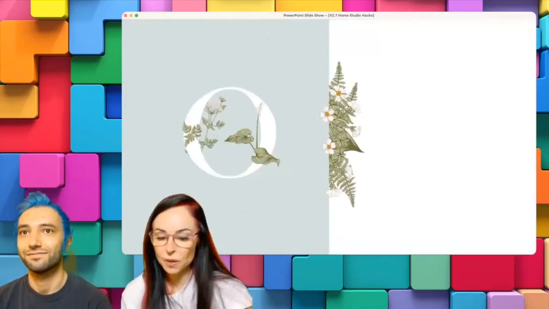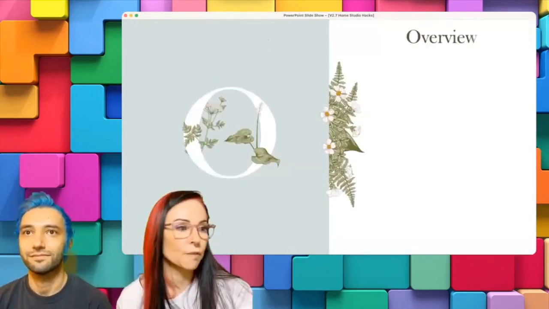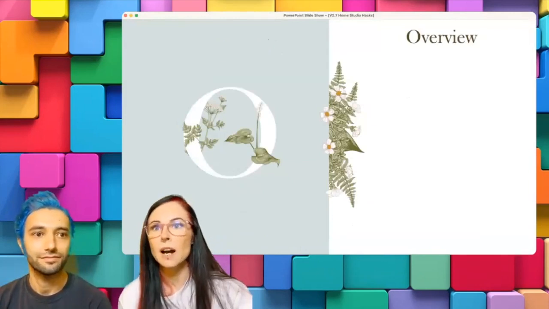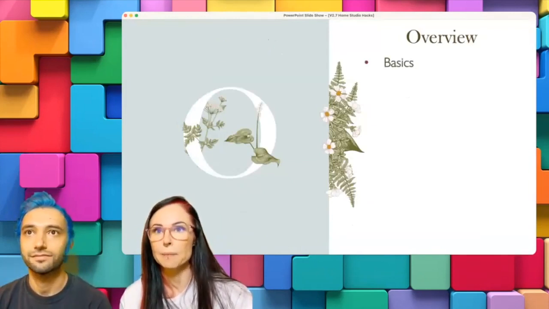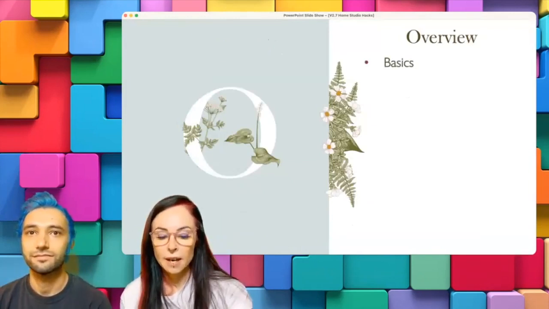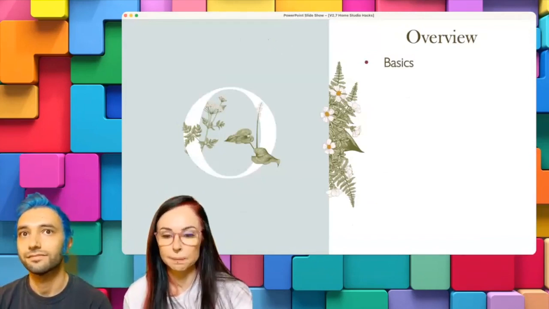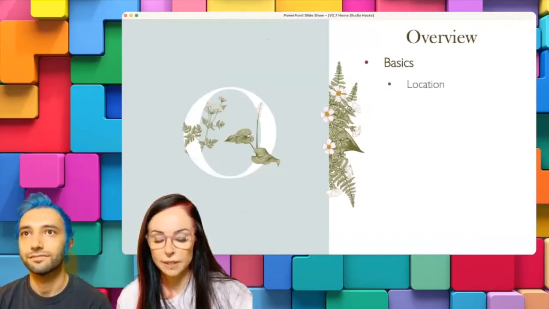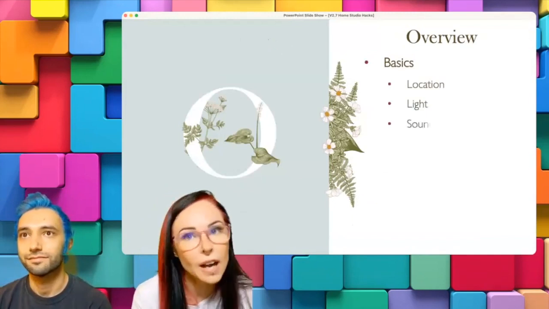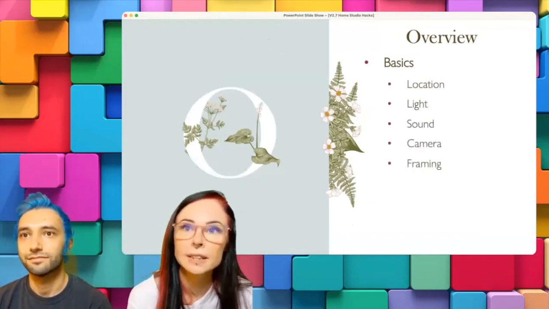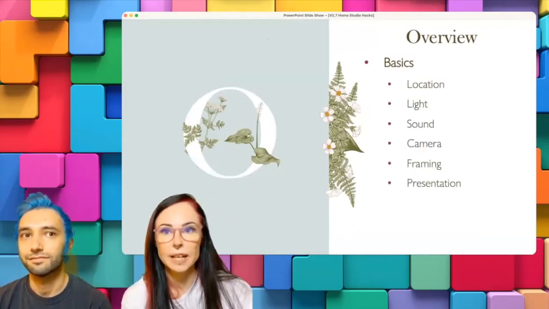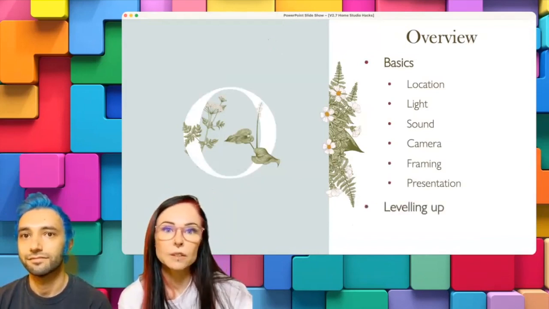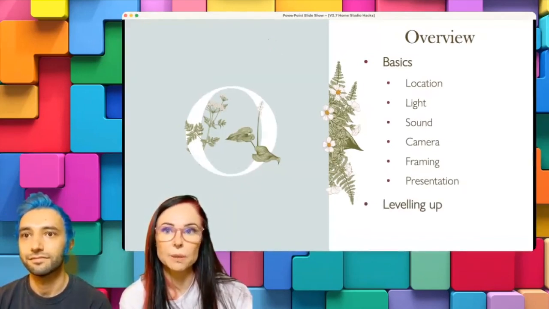Okay, so quick overview of today's session. We're going to start with the absolute basics. We'll cover location, lighting, sound, camera, framing, and presentation. Sorry about the moving around, but I can't read the slides.